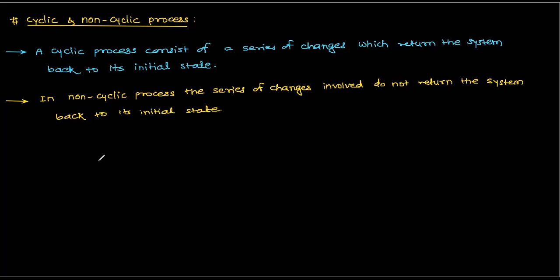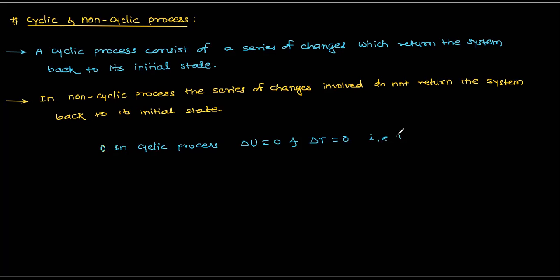Okay. Next one, see next point. In cyclic process, delta U is equal to 0 and delta T is equal to 0.